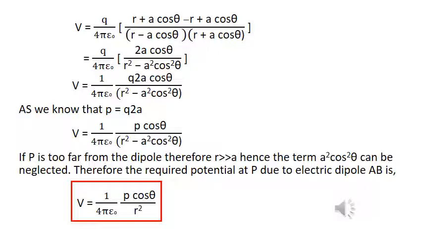As we have considered that point P is too far from the dipole, in that case r will be much greater than a, and we can neglect a square cos square theta in the denominator. So we get the final expression of electrostatic potential due to an electric dipole at a point P: V is equal to 1 by 4 pi epsilon naught p cos theta upon r square.